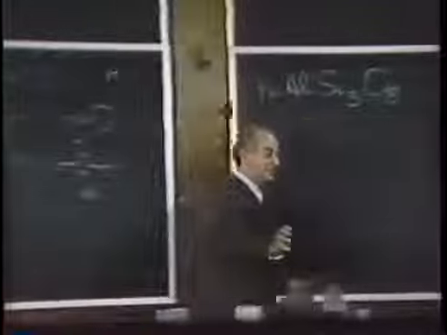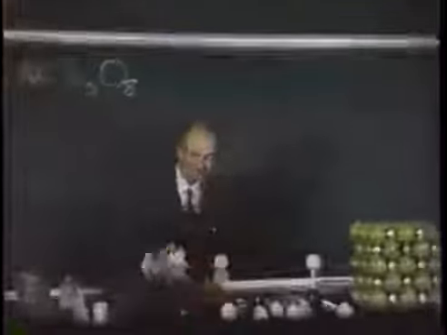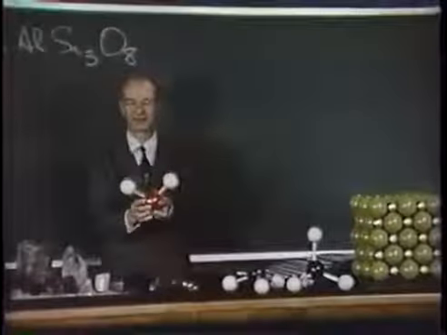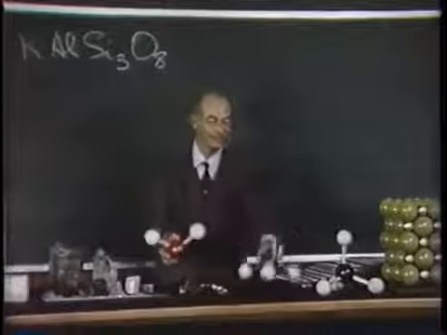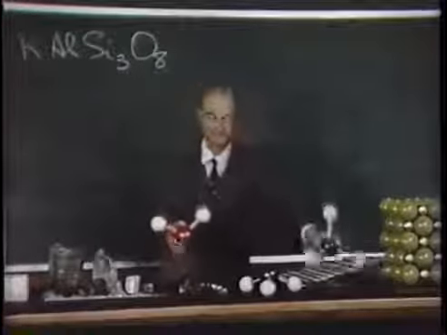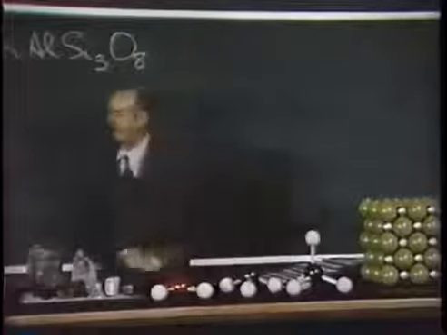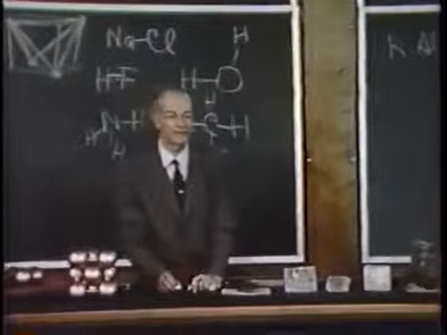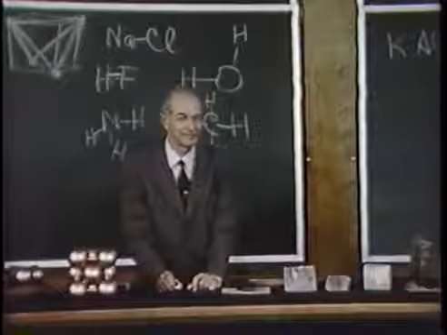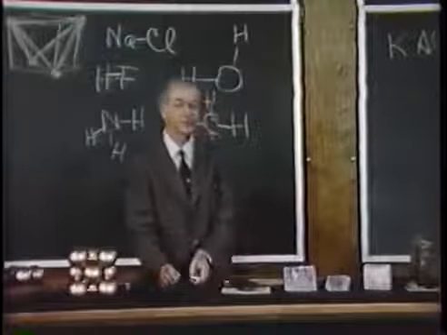I have here some models illustrating this, standard ball and stick models, H2O, NH3, CH4. Much of the development of chemistry during the last 100 years has been the result of the development of chemical structure theory.